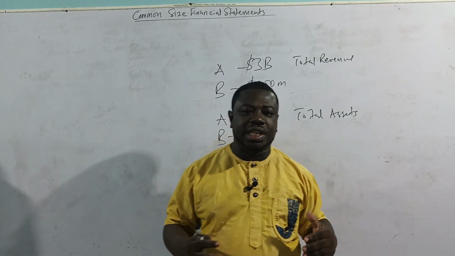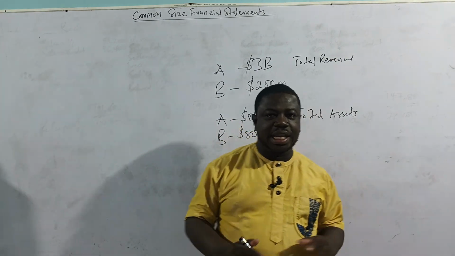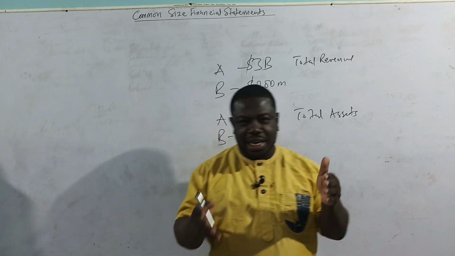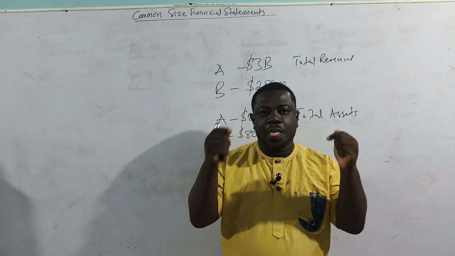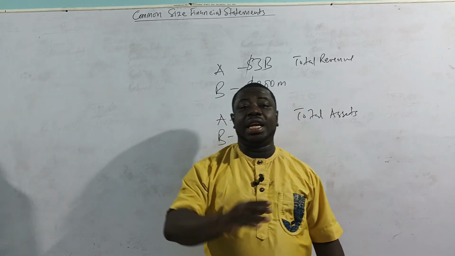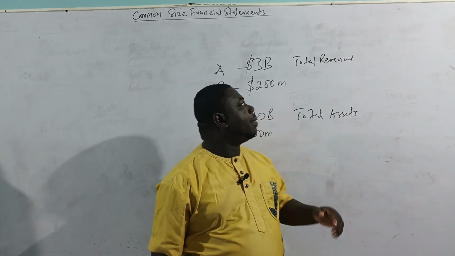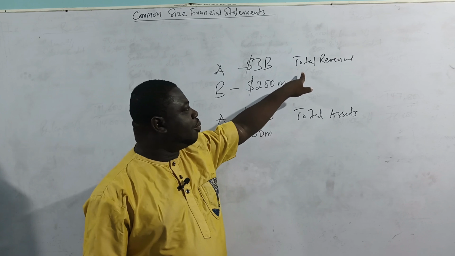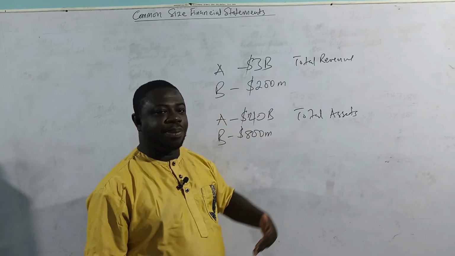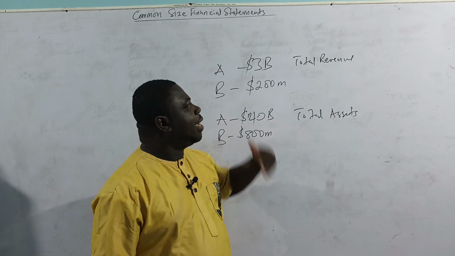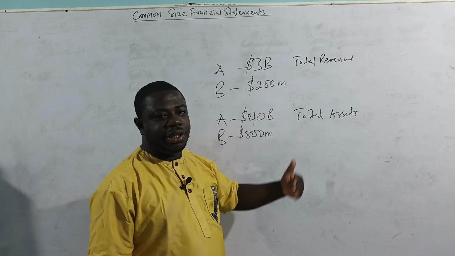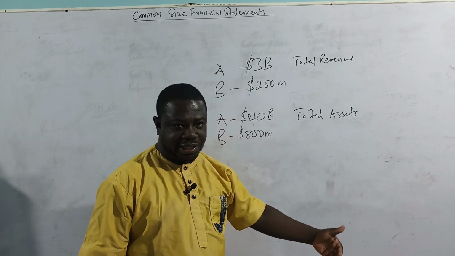So what we are trying to say with the name common size is that we are trying to make these two companies, which are not of the same size, comparable by bringing percentages onto their financial statements, so that we can easily compare. Making revenue the viewpoint on the statement of profit or loss, we will say that, let's say, operating expenses are maybe 30% of their revenue, and for the other company, operating expenses are 25% of their revenue.